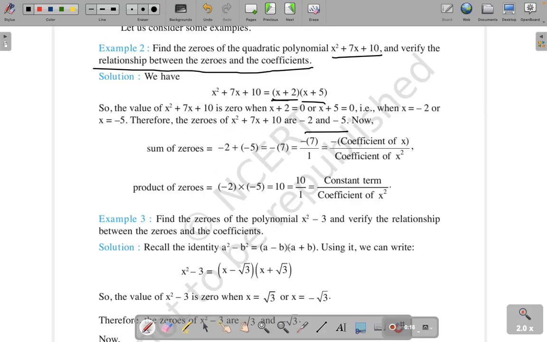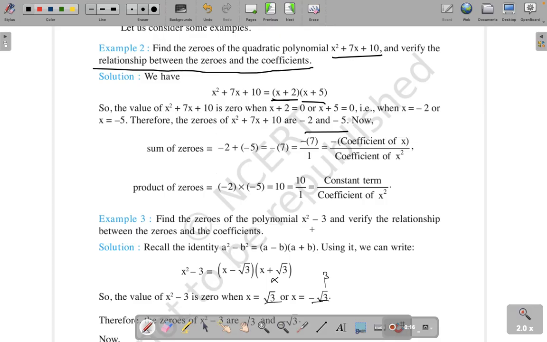We don't have b there. If you just calculate from here, this is alpha, this is beta. So what is alpha plus beta? Root 3 minus root 3, so it should be 0. And here also you can see there is no coefficient of x term. So don't get confused when you don't see b.